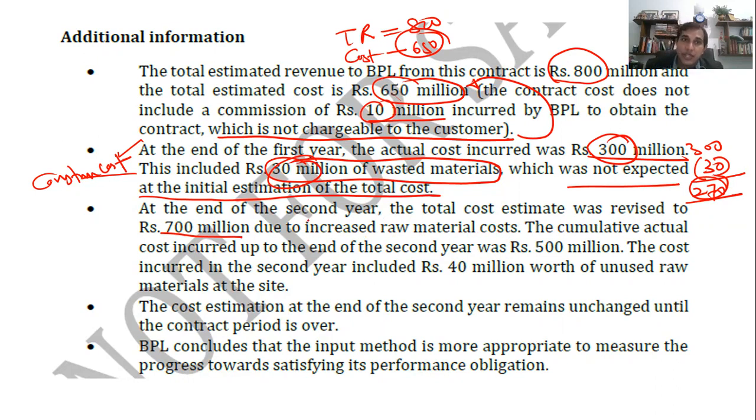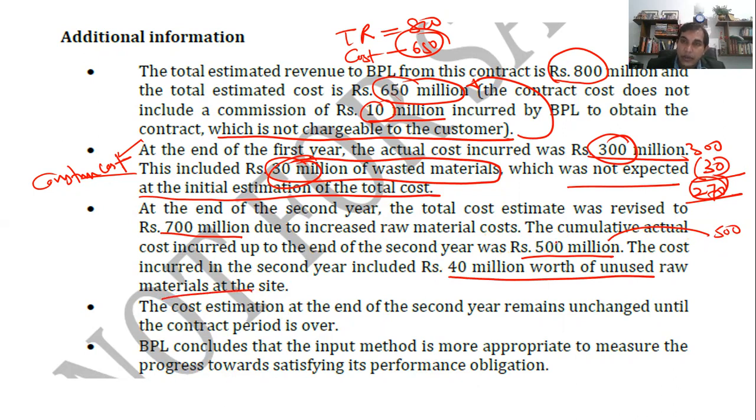This is an estimation change. The cumulative actual cost incurred up to the end of the second year is 500 million. The cost incurred in the second year includes 40 million worth of unused raw materials at the site.